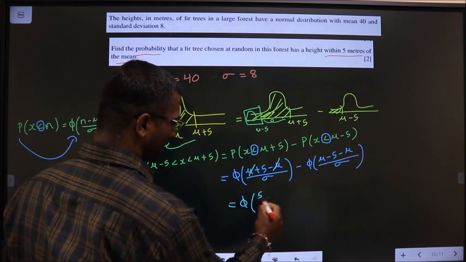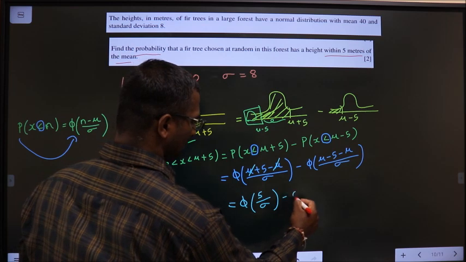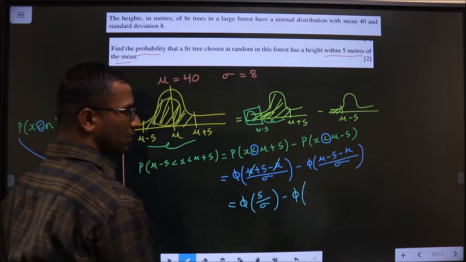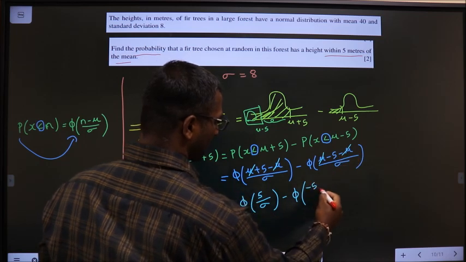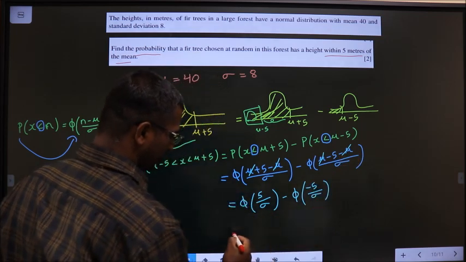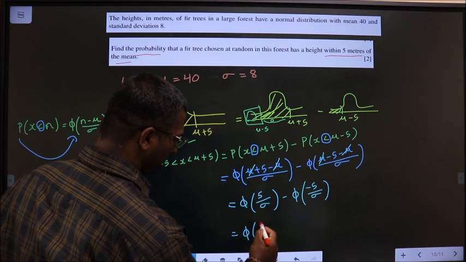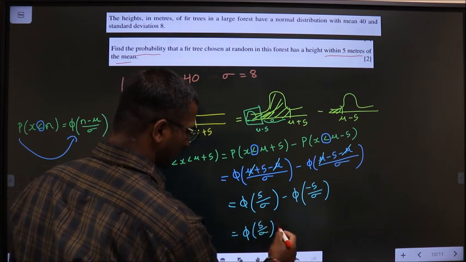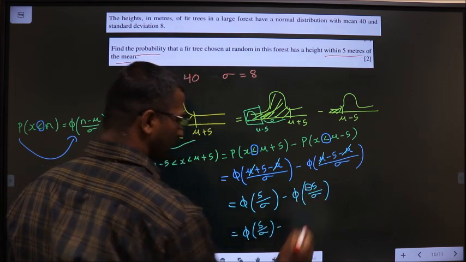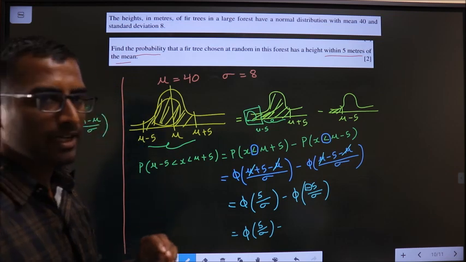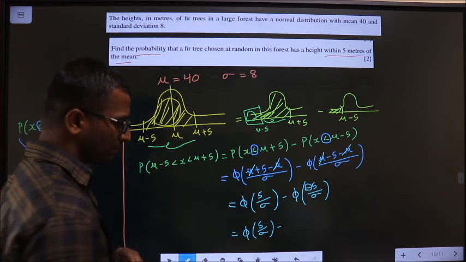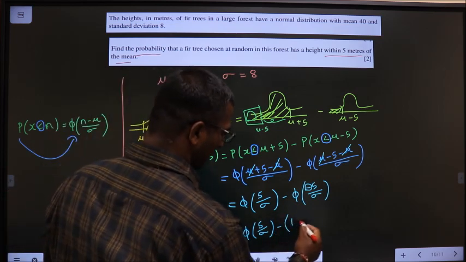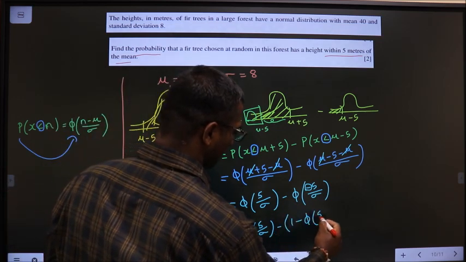You are left with phi of 5 by standard deviation minus. Here also what gets cancelled? Mu and mu. You are left with minus 5 by standard deviation. Next, phi of minus 5 by standard deviation. Now you should make that negative to positive, and for that you should do 1 minus. So 1 minus phi of 5 by standard deviation.